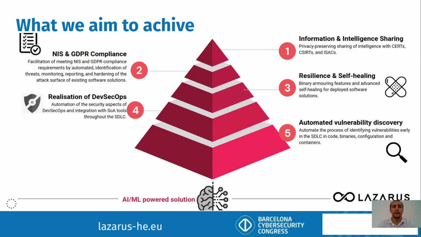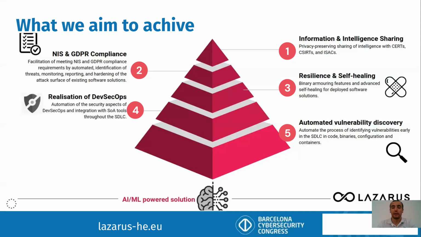So the main aim of the platform is to offer the organizations and SMEs using Lazarus closer to NIS and GDPR compliance, in the sense that it helps discover vulnerabilities as early as possible and have a more automated, closed loop feedback system type of resolution fixing for cybersecurity issues. Also, it aims to provide information intelligence sharing to CERTs, CSIRTs and ISACs in order to facilitate the vulnerability disclosure processes, patching, coordination, and so on.